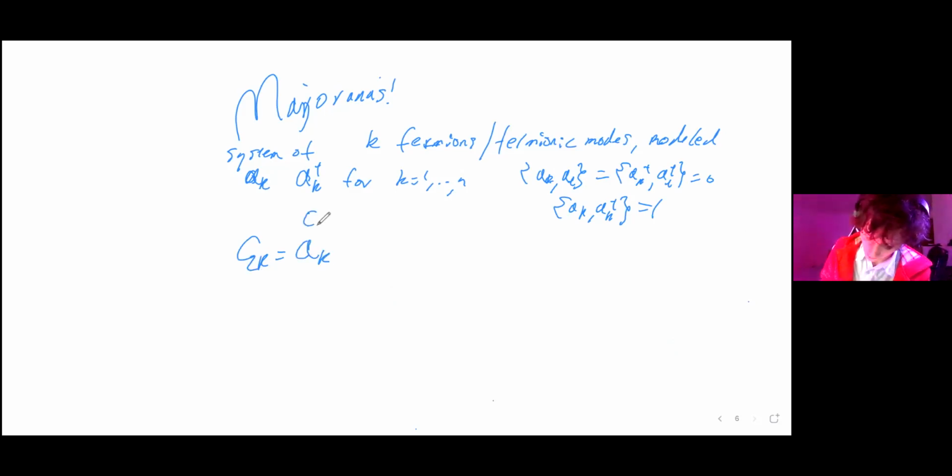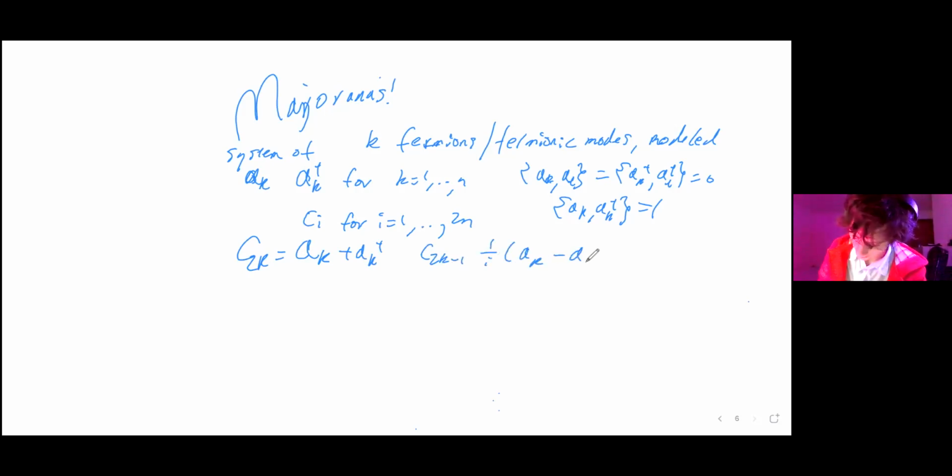So we're going to come up with C_i operators for i equals 1 up to 2n. C_2k is A_k plus A_k dagger, and C_2k minus 1 is i times (A_k minus A_k dagger).